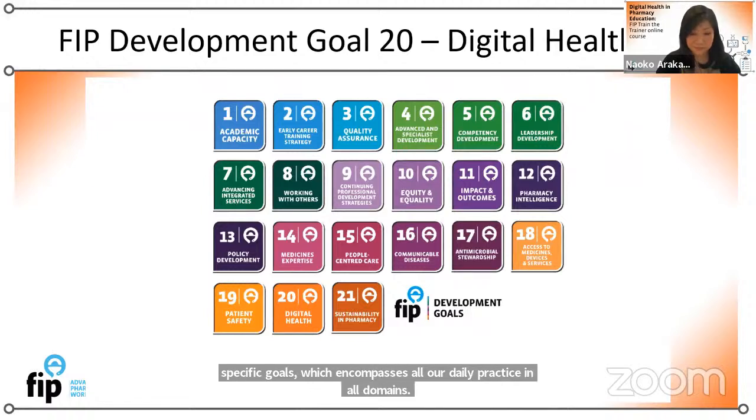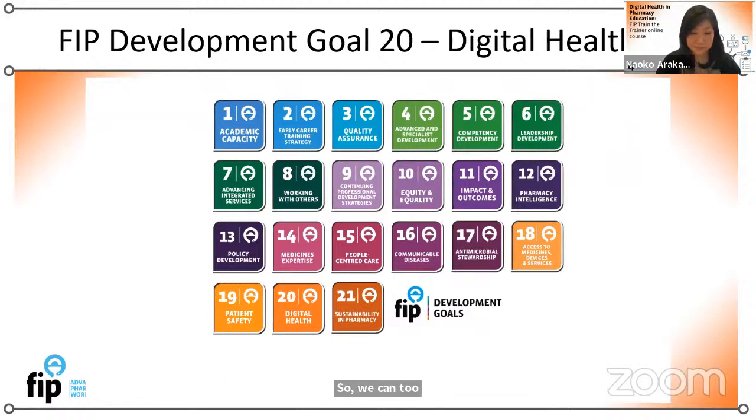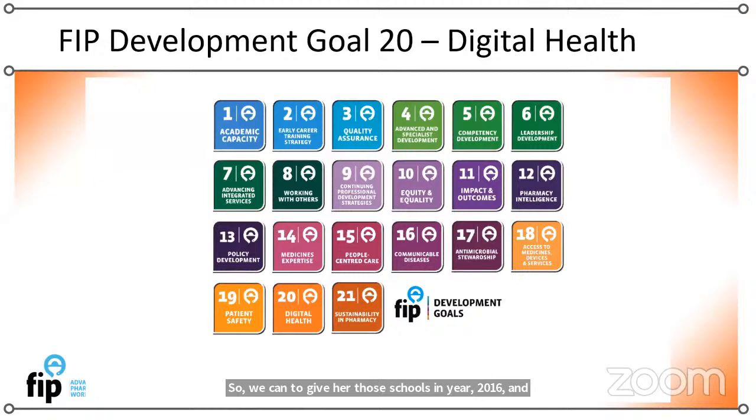So we began to develop those goals in 2016, and in 2021 we had 21 goals, and you see those development goals all here. I guess you are familiar with this, and digital health is development goal number 20.